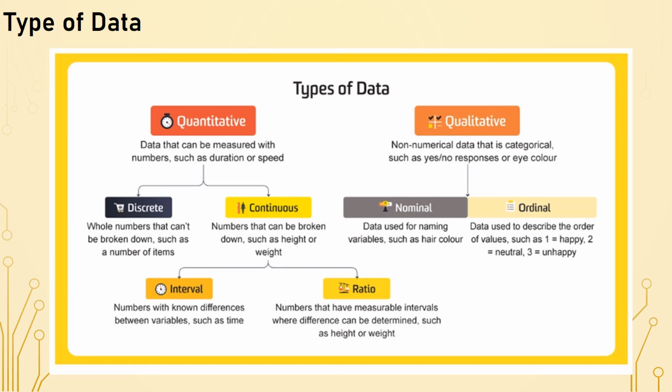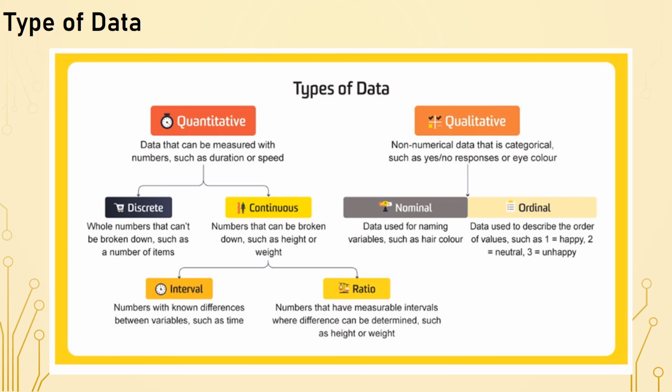So the second category of data is qualitative. There we have two types, nominal and ordinal. Nominal has naming variables like colors, brands, etc. The ordinal is also qualitative. There are no numbers or measured continuous scale here, but it is in an order form, like 1 is happy, 2 is neutral, 3 is unhappy.